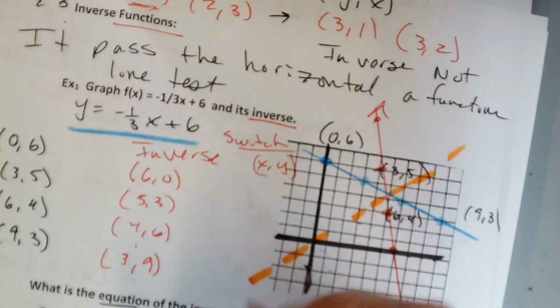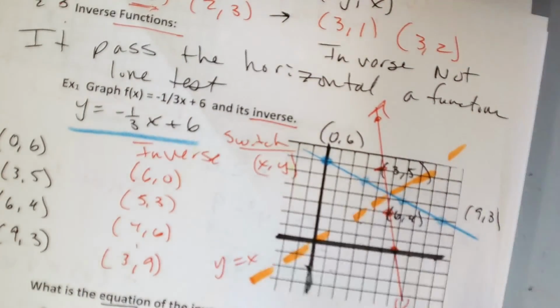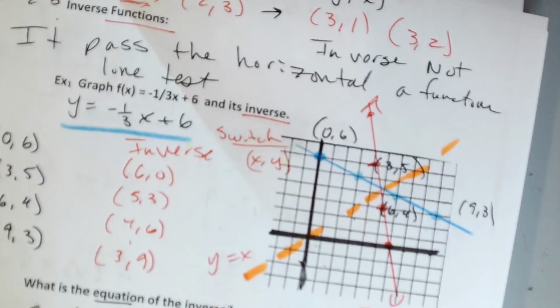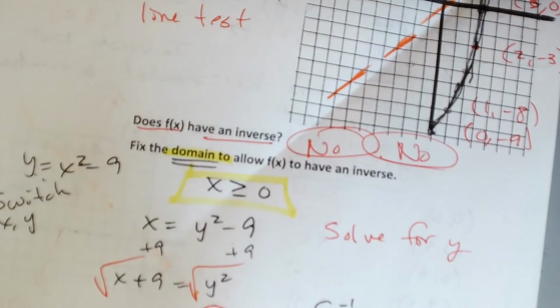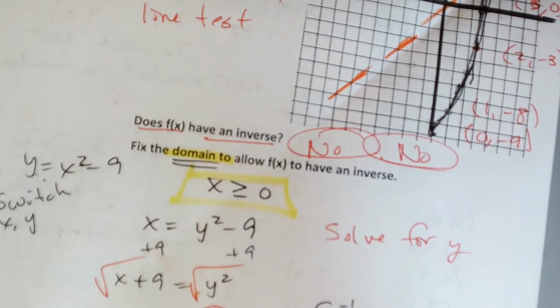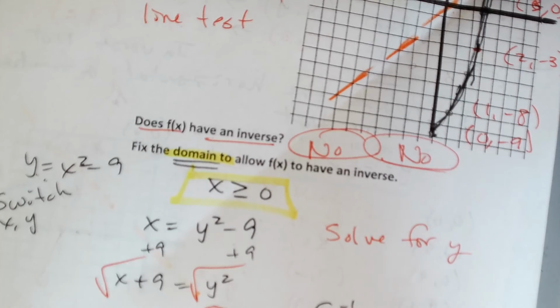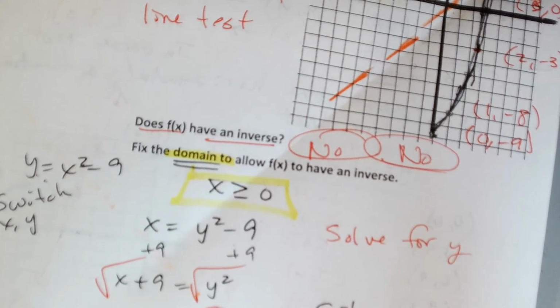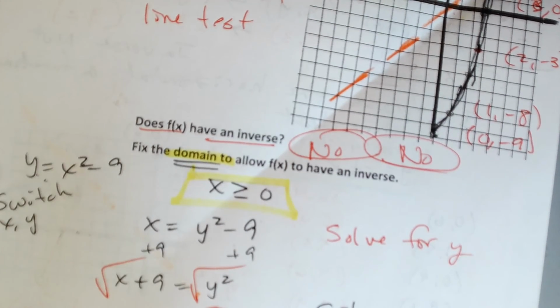So we're going to say that a function and its inverse, so finally last thing, a function and its inverse are symmetrical. That's like a fold. Whoops, sorry, you can't see this.